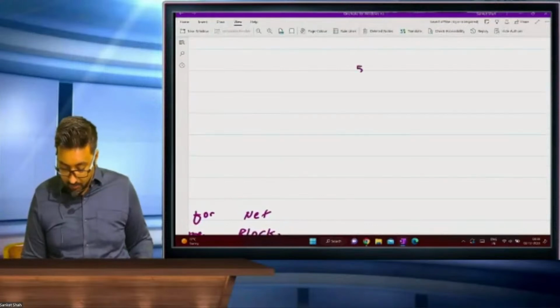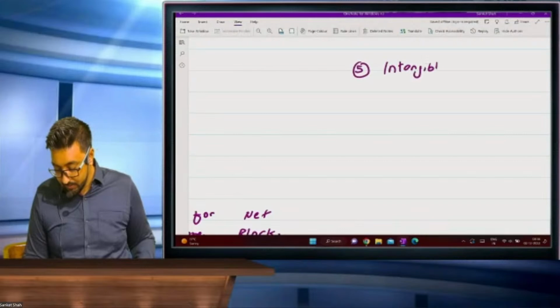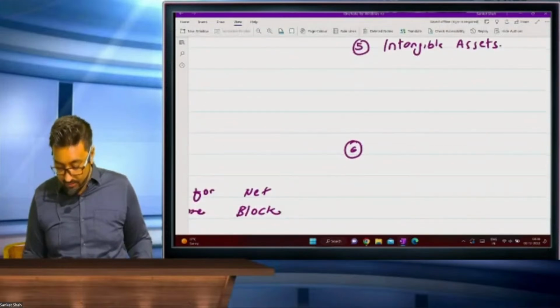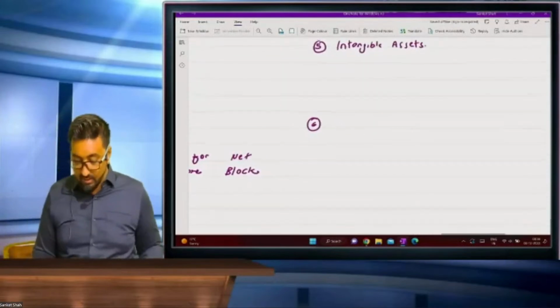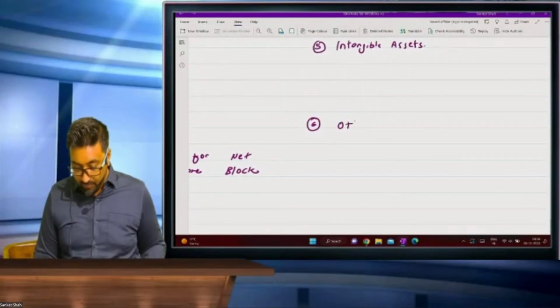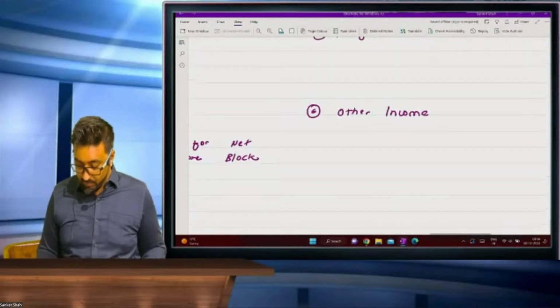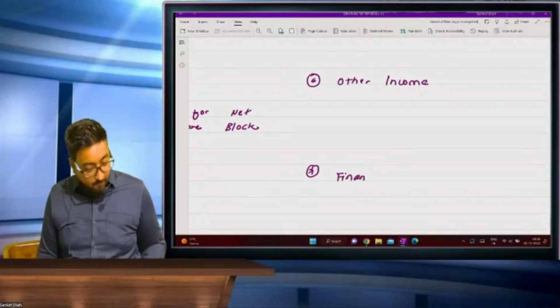Five number, intangible assets. 6 number, after 4 lines. Property, plant and equipment, 6 lines. Other income, 4 lines, finance cost.